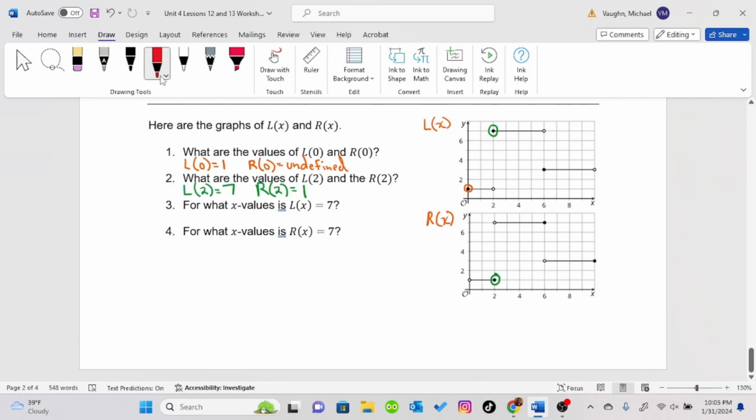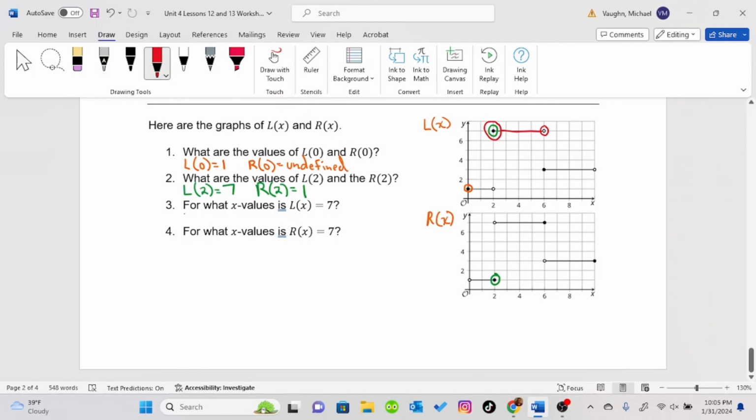Number 3. For what x values is L of x equal to 7? L of x is equal to 7 from x equals 2 until x is less than 6.